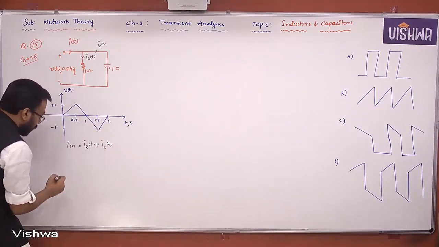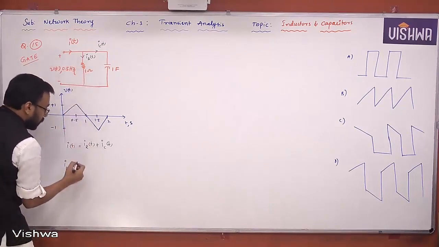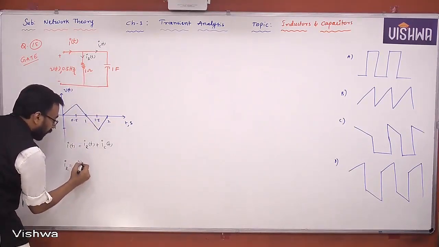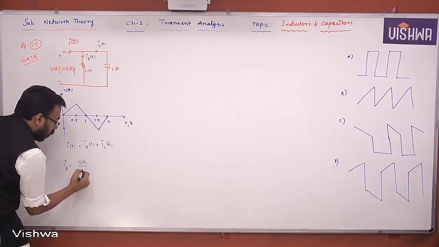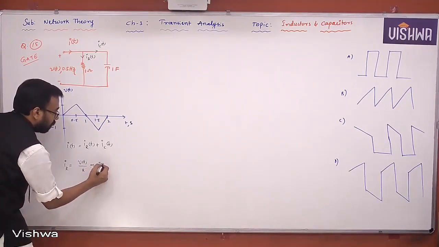But what is IR? IR is the total voltage divided by the resistance R, because that voltage appears directly across it. This will also give you a triangular waveform.